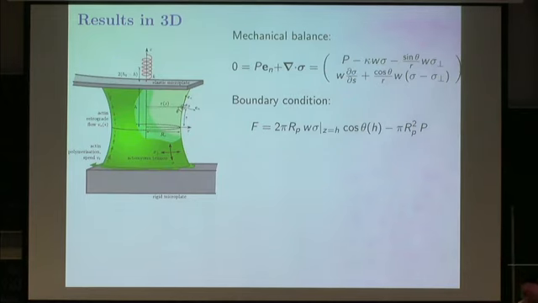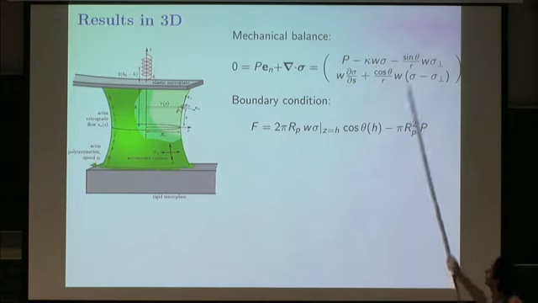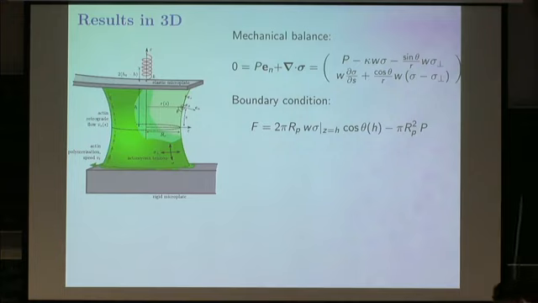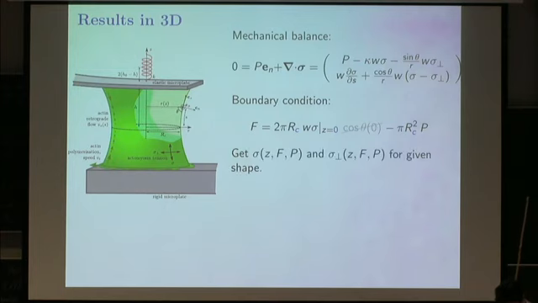Now I can do that in 3D too. I have shown you already the mechanical balance that the calculation gives in these curvilinear coordinates, a bit nasty. The boundary condition can be applied there.